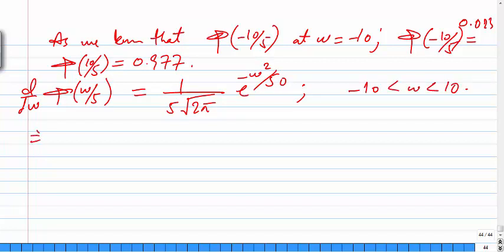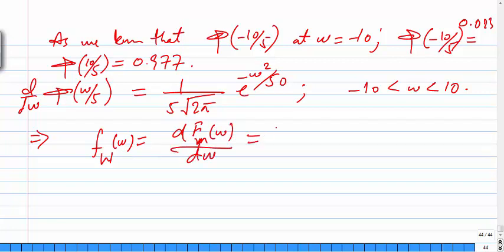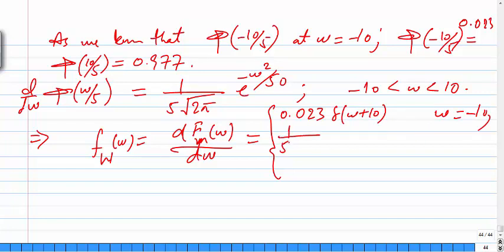So this implies that the PDF of W is equal to the derivative of the CDF of W. When we plug in the values, it becomes 0.023 delta of w plus 10, at w equal to minus 10, and 1 over 5 root 2 pi exponential of minus w squared by 50 when you are in between this range.